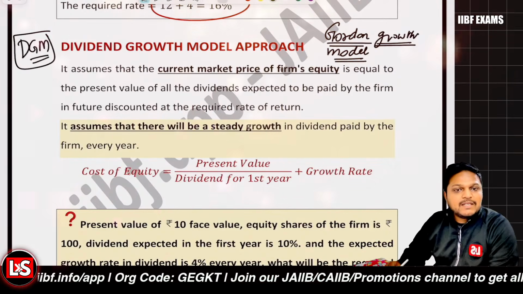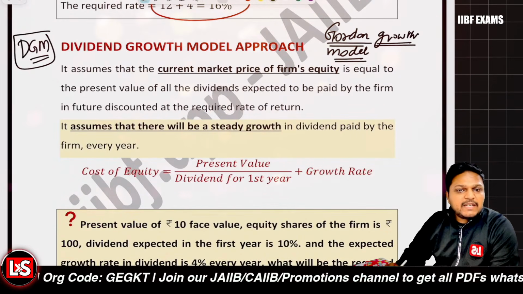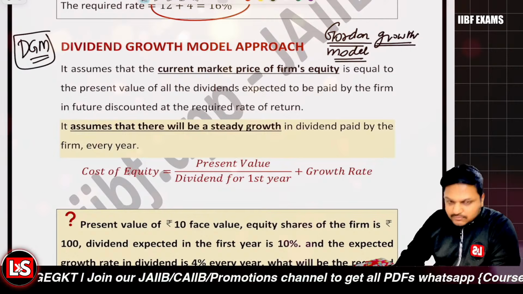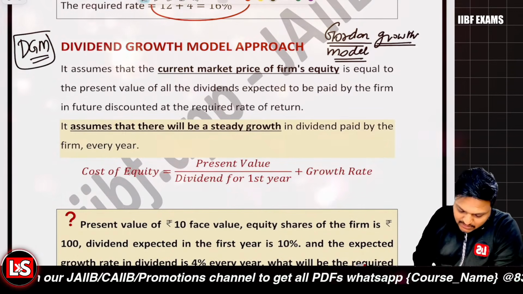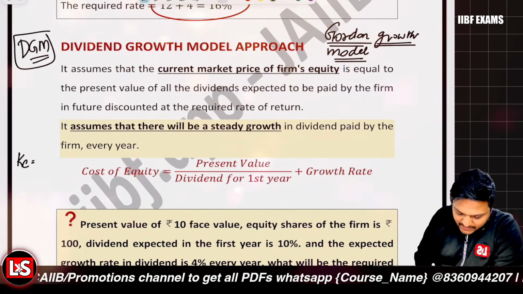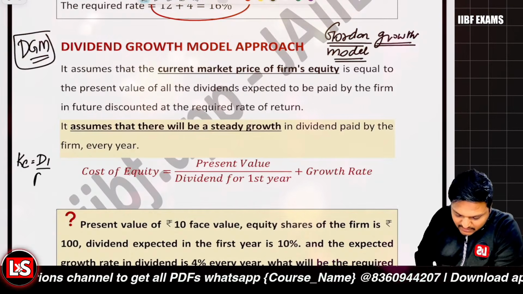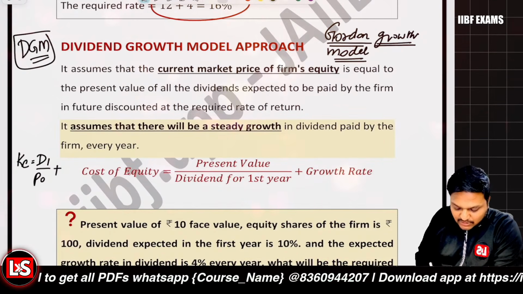And what is the formula related to it? KE is represented by D1 divided by P0 plus G.